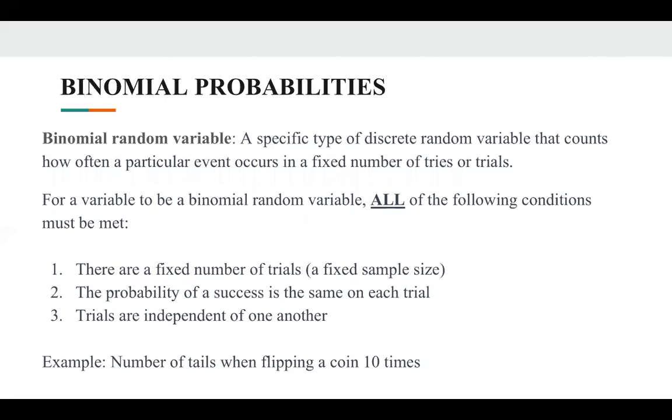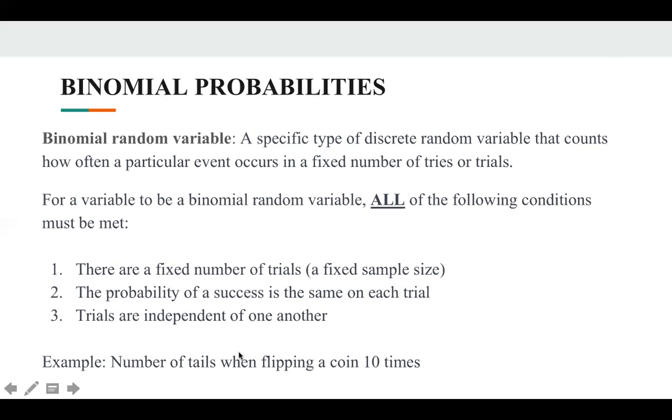There are 3 conditions that have to be met for a variable to be a binomial random variable. 1, there's a fixed number of trials, or a fixed sample size. 2, the probability of success is the same in each trial, so it can't be different based on each trial. And 3, the trials are independent of one another, so one trial doesn't depend on the results of another trial.